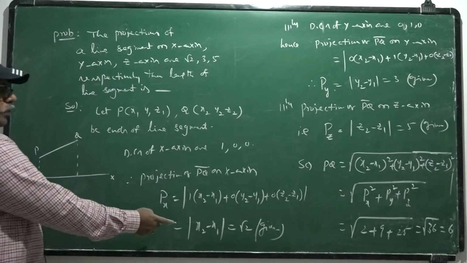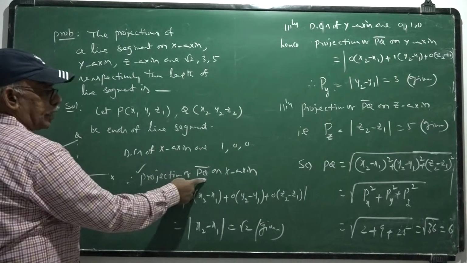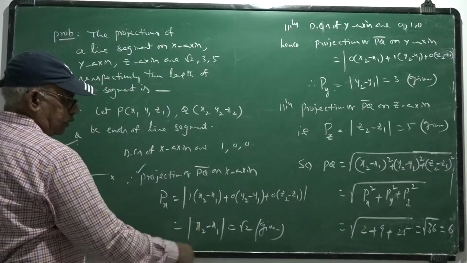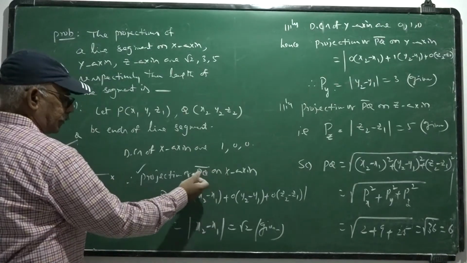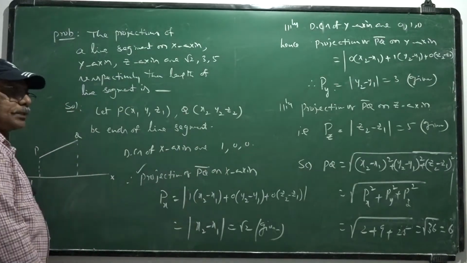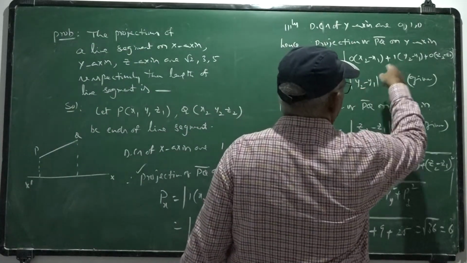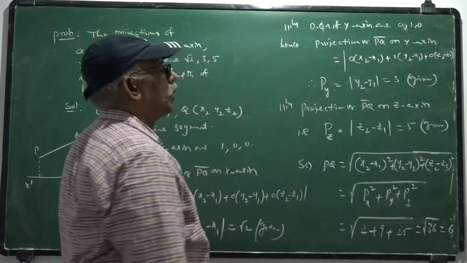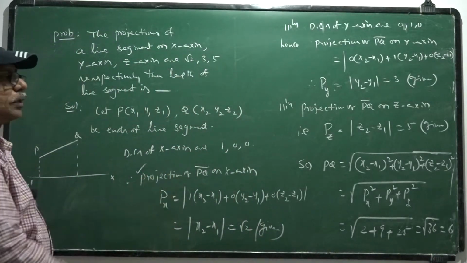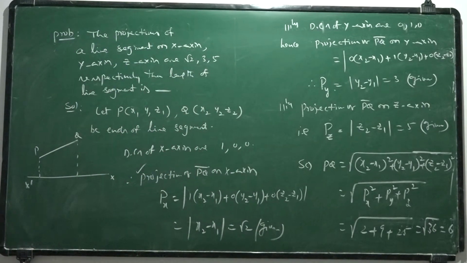These are the important points. Projection of line segment on x-axis is simply the difference of x coordinates of P and Q. On y-axis is modulus of y2 minus y1. On z-axis is modulus of z2 minus z1.